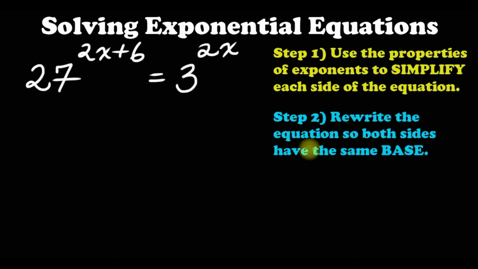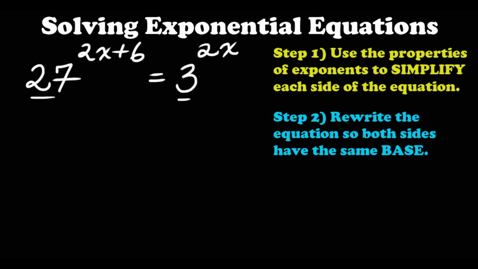Step 2 is to rewrite the equation so both sides have the same base. So here we have to rewrite to get to the same base, because here you have base 27 and here you have base 3. So we have to get these to the same base. So here 3 is lower than 27.